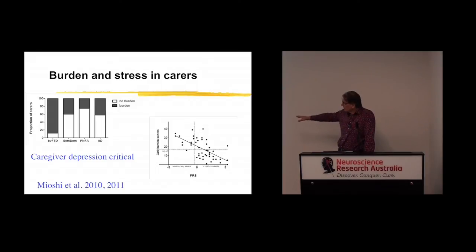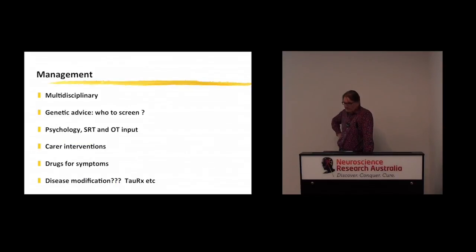And we showed on our rating scale, the FRS, which really rates functional ability, that as these patients progress, the burden increases. So the management of these patients requires, I think, a multidisciplinary team of the type that we're lucky to have here, with input from neurologists, advice on genetics, input from psychology, speech and language, occupational therapy, assessment, to see what can be done to help.